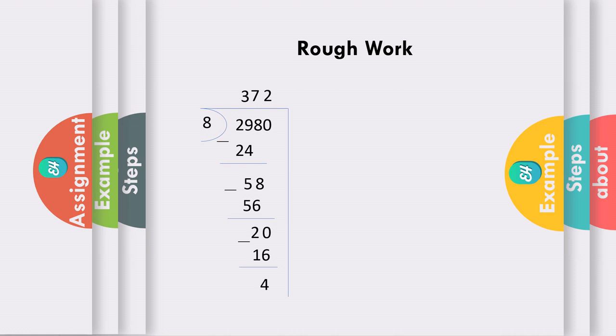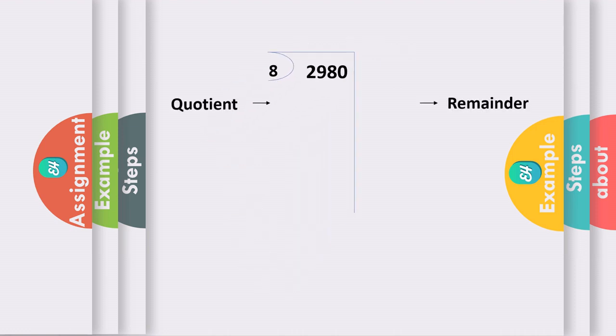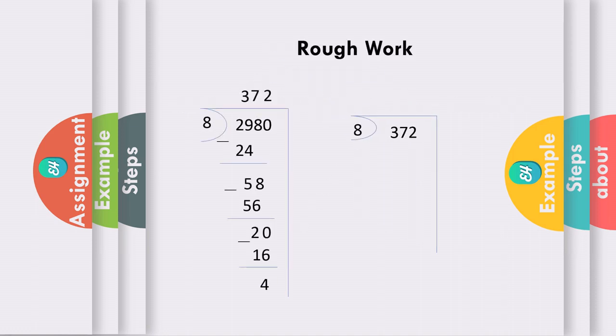Let us make a note in our example. So 2980 divided by 8, quotient is 372 and the remainder is 4. Now let us divide 372 by 8. Again, let us perform this in rough work. So 8 fours are 32. I get the remainder as 5.